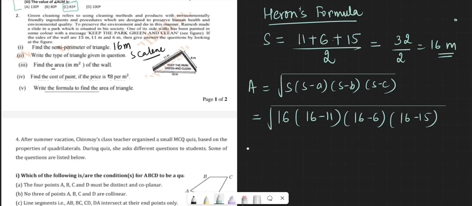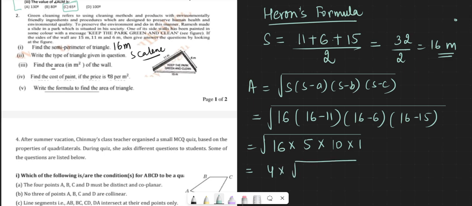That is 16 into 5, 10 and 1. Now I know 16 is a perfect square, so 4 will go outside the square root sign.